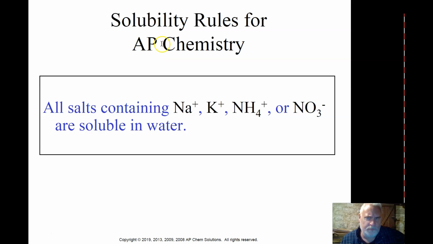Now, there are some really good rules that they use for AP Chemistry. I'm going to let you cheat a little bit before the exam and use the back side of your yellow sheet. It has solubility rules. And on that side, we talk mainly about the cations, and we say all nitrates are soluble.